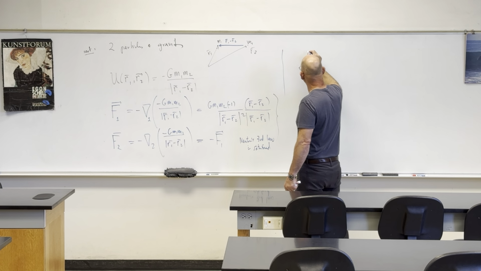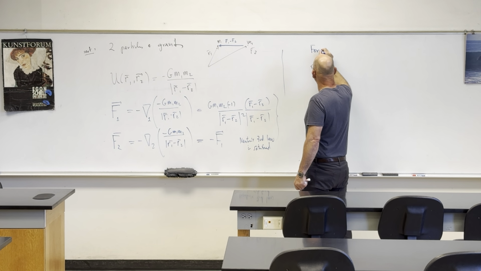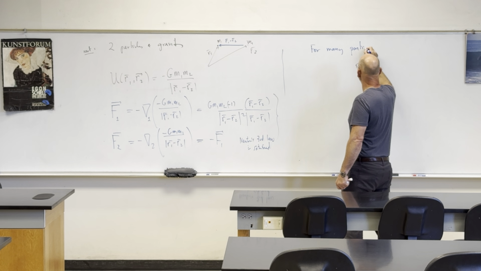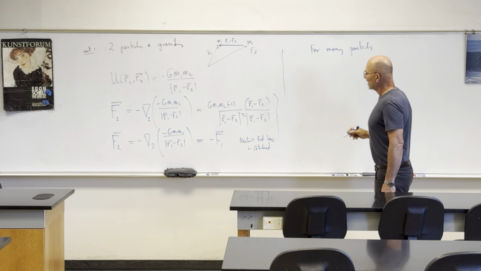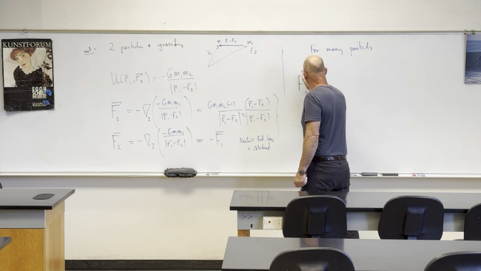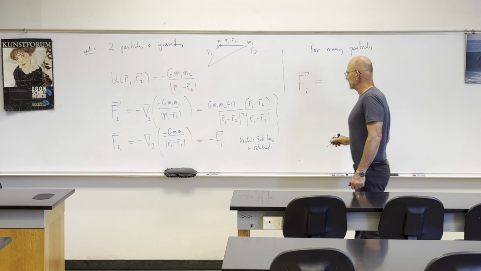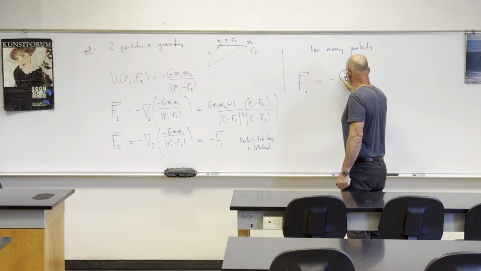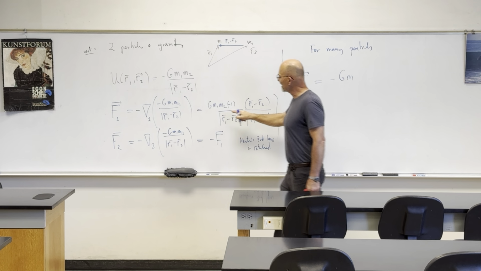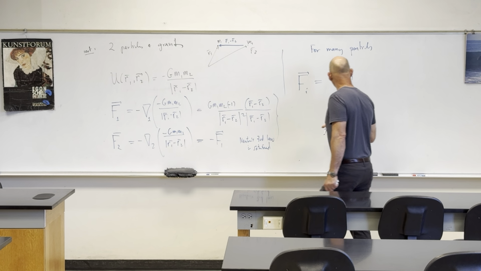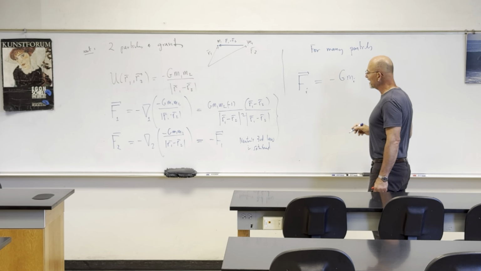So, for many particles, we're going to call this one here F sub i, and we'll have minus G. I'm going to call the 1 the i, right? 1 is the i, so we'll have minus G m sub i.